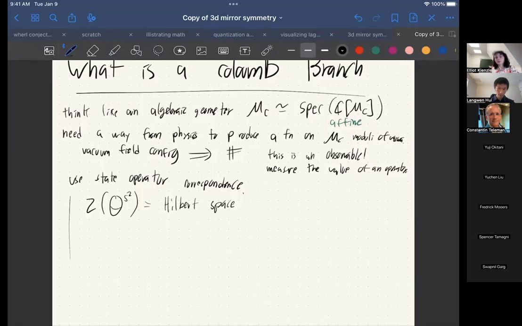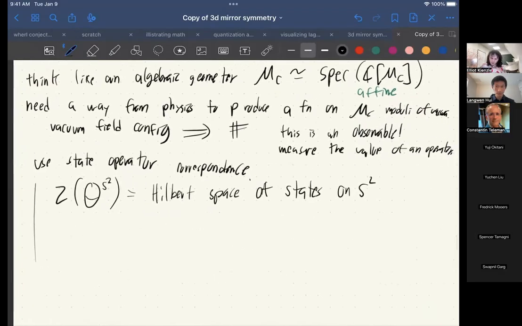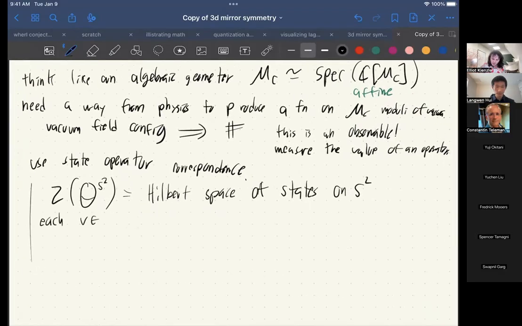We're going to think about this as the Hilbert space of states on S2. Every state on S2 will give us an operator. In other words, some way of taking in some pre-existing configuration and outputting a real number.